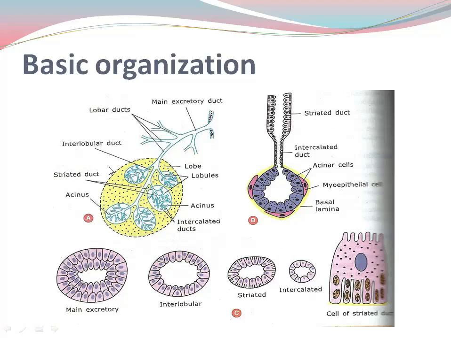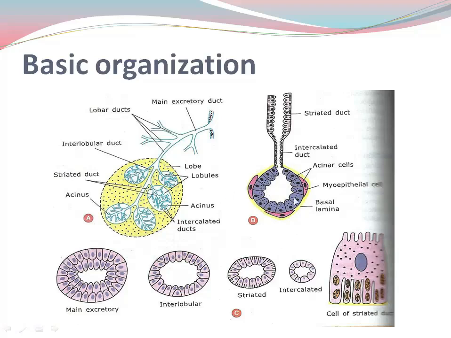Now this yellow portion indicates a group of many acini, and that group of many acini is called a lobe. And in that smaller lobe you will see what are called lobules. In those smaller lobules you will see many such acini, many such small alveolar acini.